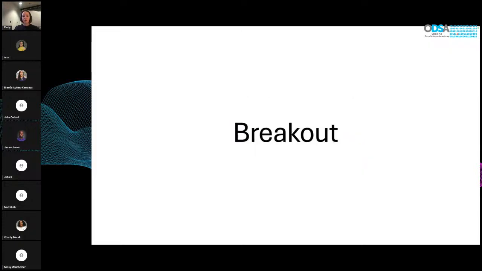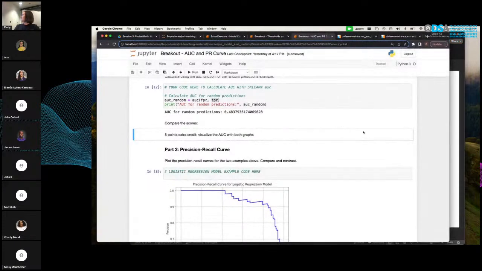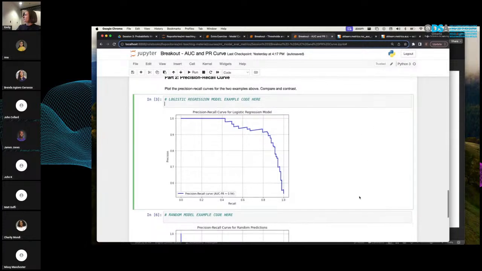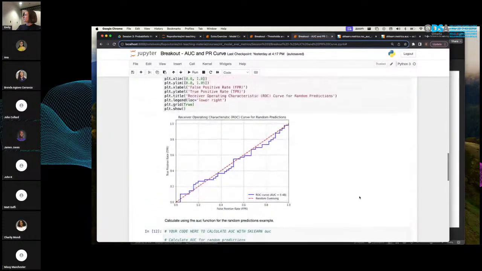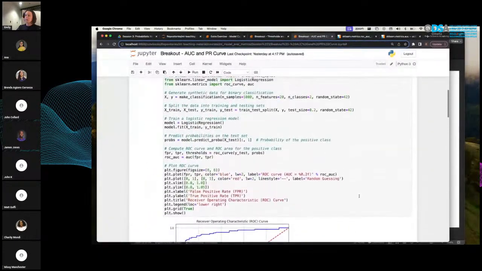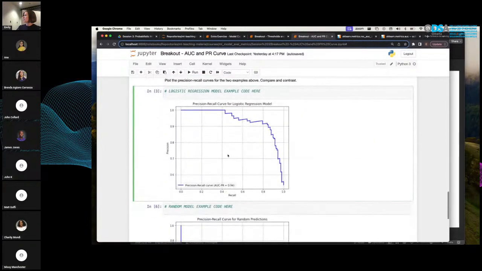We have one final breakout, and then we're going to take it home with model calibration. So, last breakout, precision recall curve. Of the two examples that we just talked about, with the same data, I would just copy paste or whatever you want to do to make these the same examples.